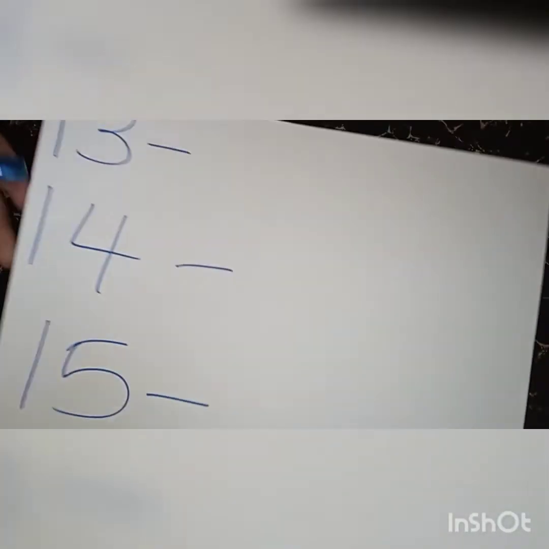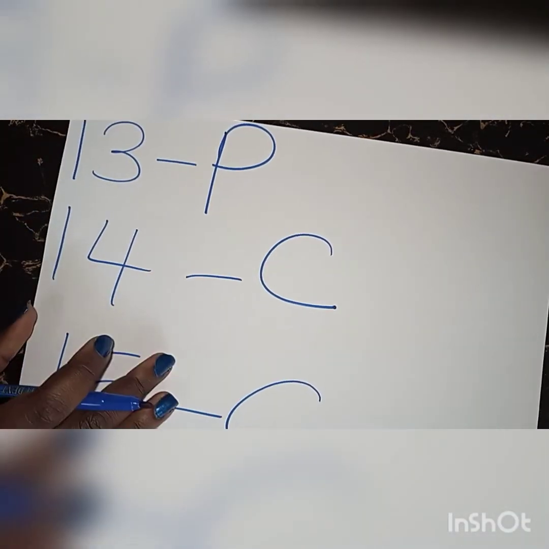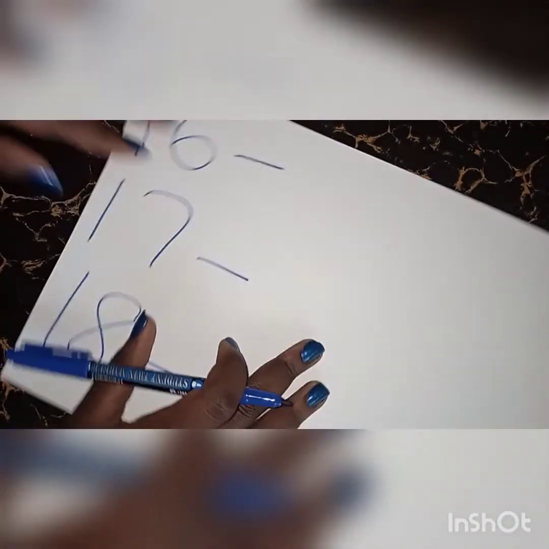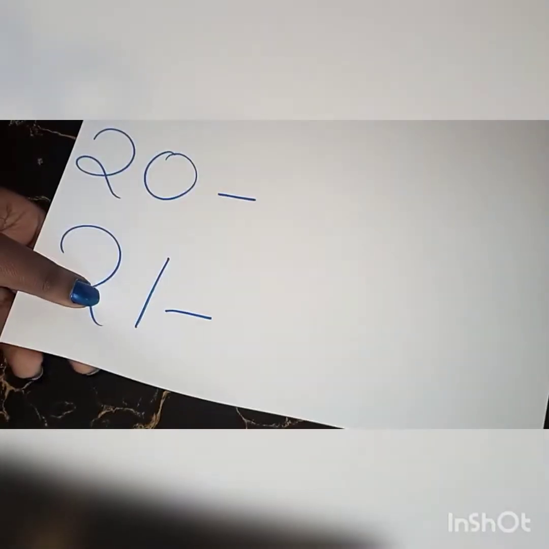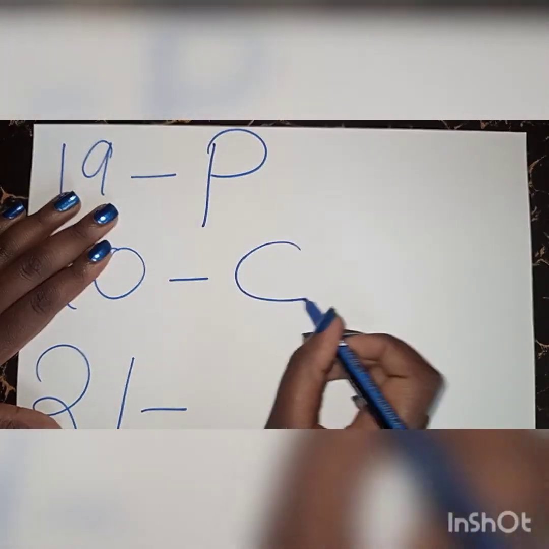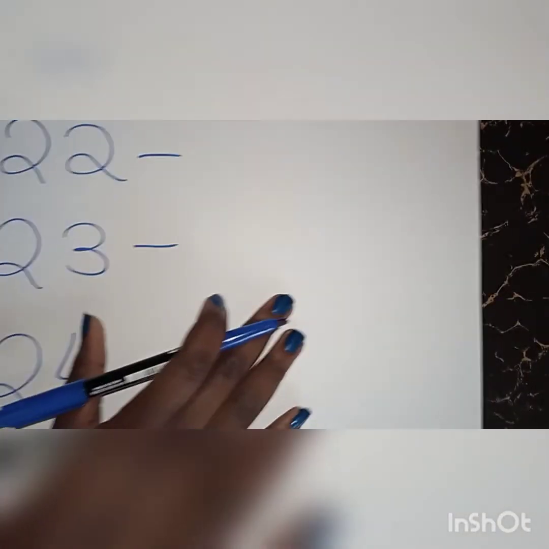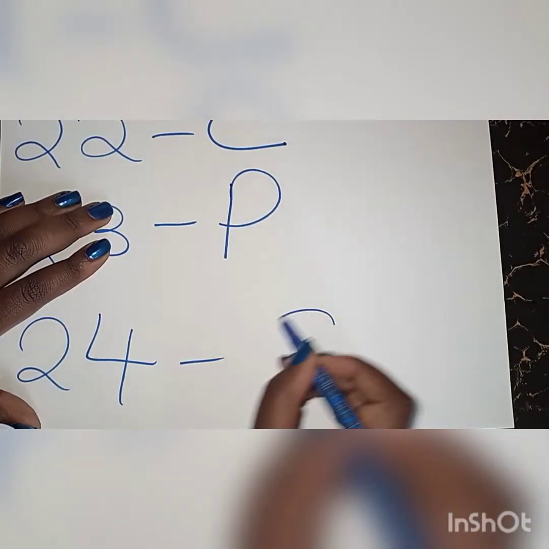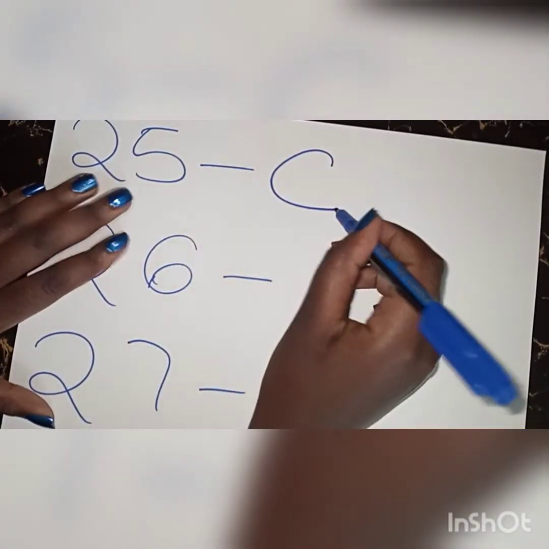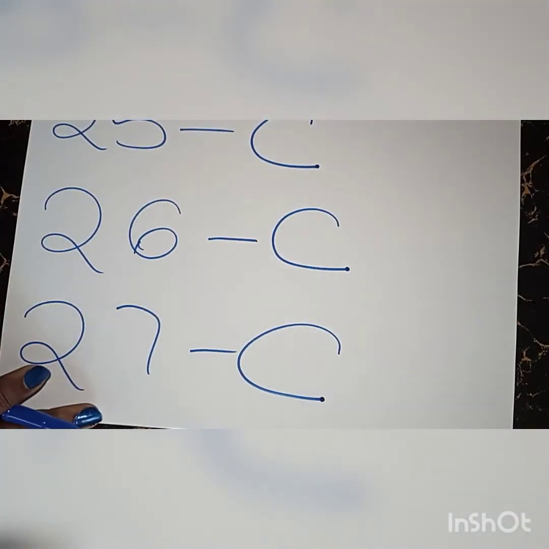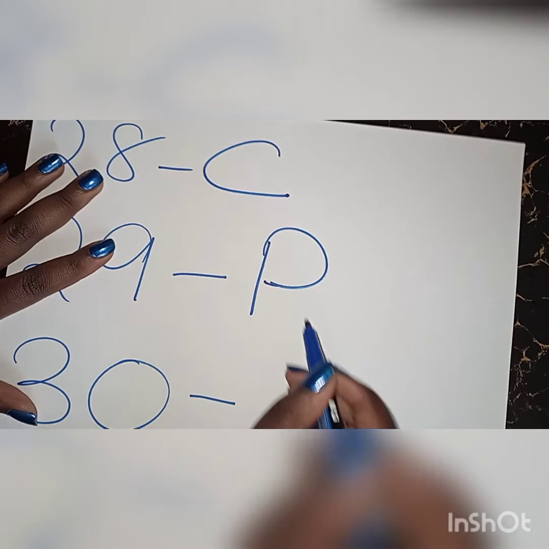Moving on swiftly. 13 is a prime number. 14 is composite. 15 composite. 16 composite. 17 prime. 18 composite. 19 prime. 20 composite. 21 composite. 22 composite. 23 prime. 24 composite. 25 composite. 26 composite. 27 composite. 28 composite. 29 prime, and 30 is a composite number.